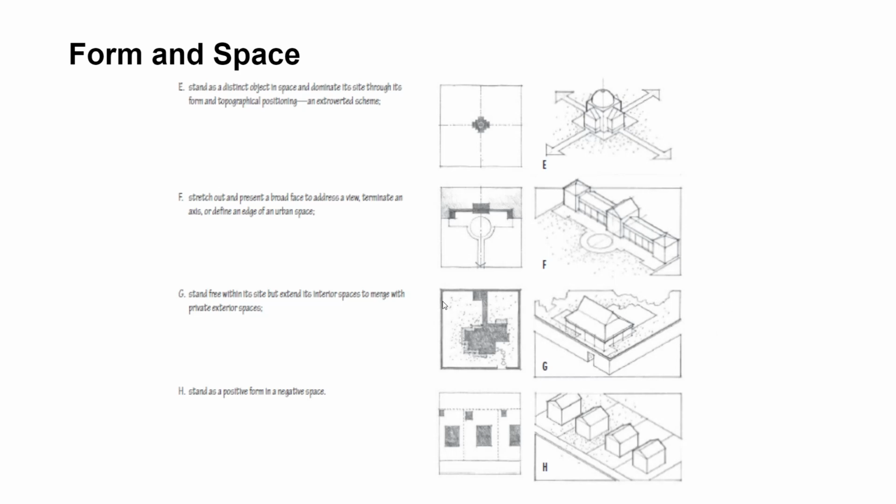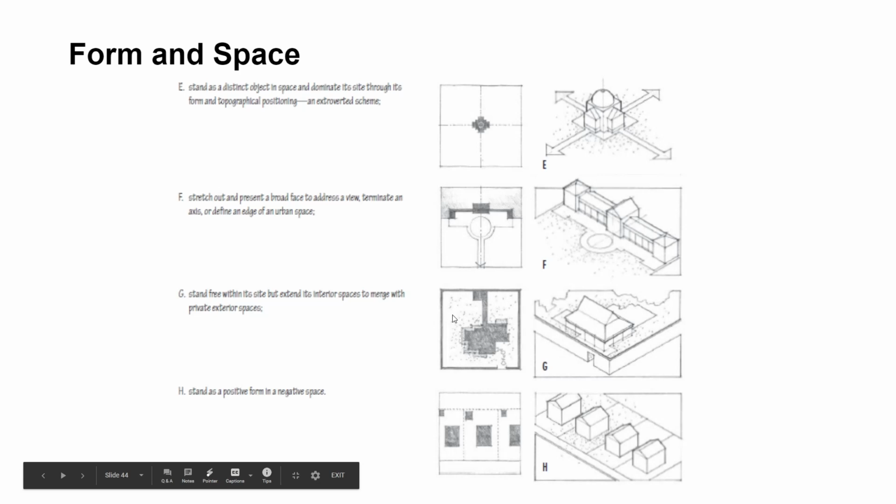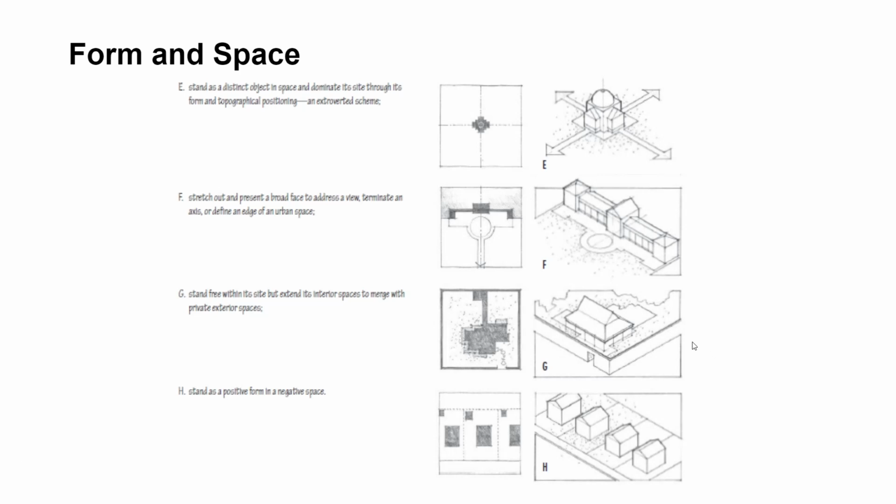For letter G, you stand free within its site, but extend its interior spaces to merge with private exterior spaces. This is where the combination of your architecture, interior, and landscape design will stitch in.